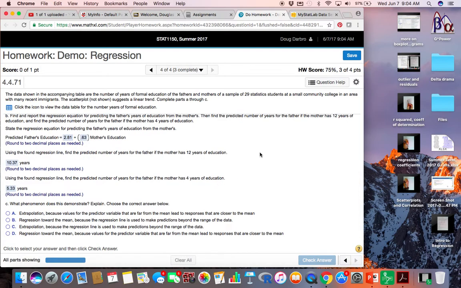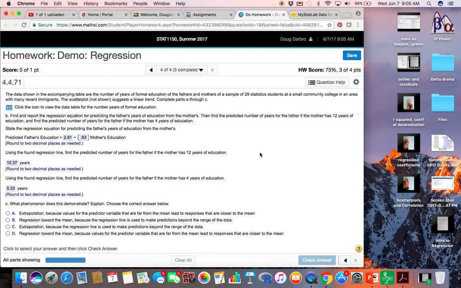All right, what phenomenon does this demonstrate? Choose the correct answer below. Extrapolation, because values of the predictor variable that are far from the mean lead to responses that are closer to the mean. Okay.